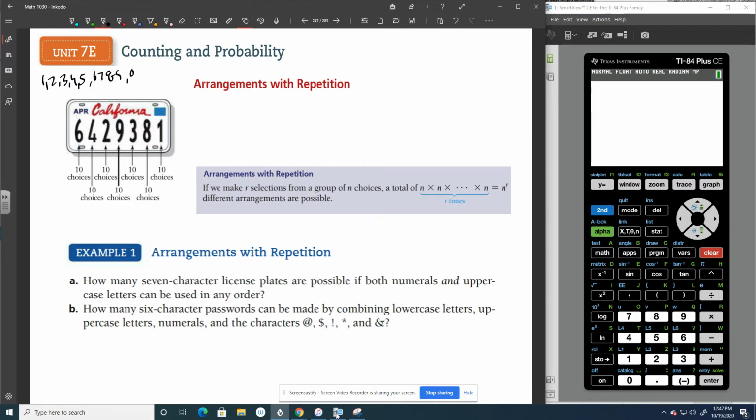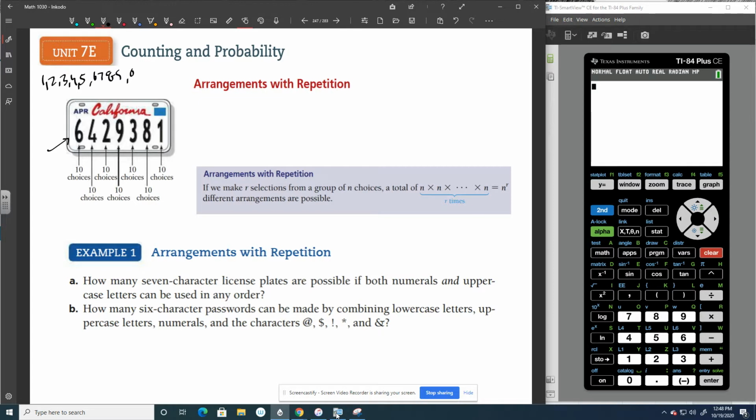So you have 10 different choices for this first number. Well, because it's a license plate, it doesn't matter if you have the same number twice in a row. So you also have 10 choices for the second number, 10 choices for the third, for the fourth, for the fifth, for the sixth. So all 7 of these, you've got 10 different numbers that you're choosing from.